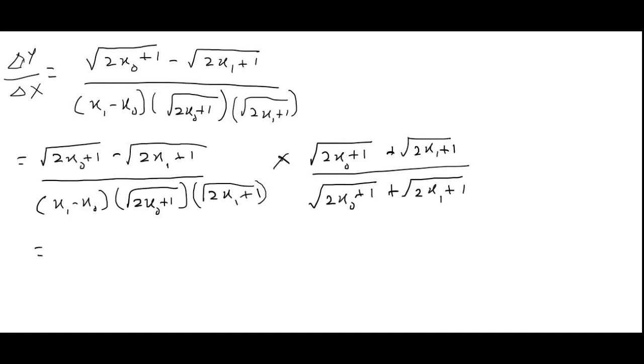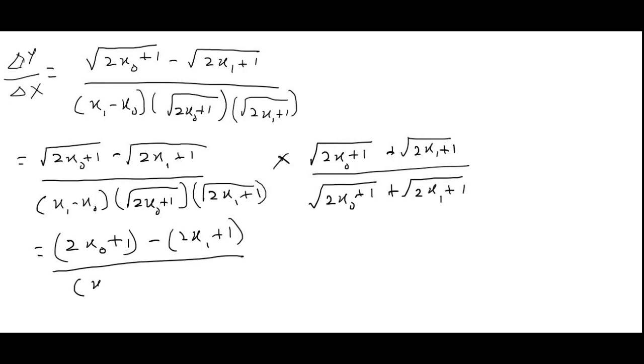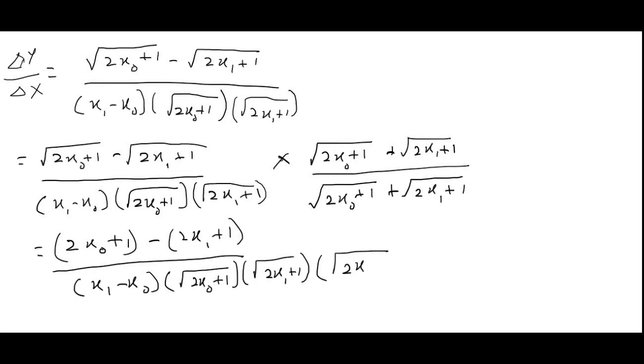So we get 2x0 plus 1 minus 2x1 plus 1, because it is the expansion of a square minus b square, and in the denominator we can write it as x1 minus x0 into under root 2x0 plus 1 under root 2x1 plus 1 and under root 2x0 plus 1 plus under root 2x1 plus 1.